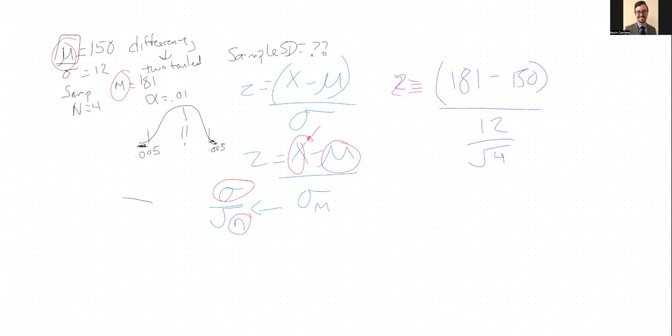So that's 12 over 2, which is 6. And then 181 minus 150 is 31.